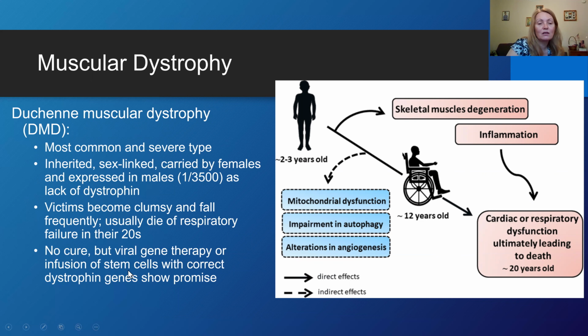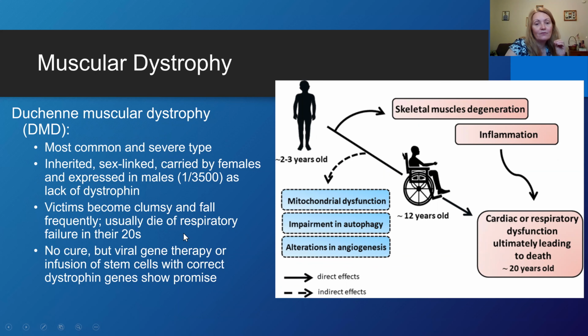We use viral gene therapy or infusion of stem cells with the correct dystrophin gene, and it shows promise. So what we're trying to do, because they have a defective gene that produces dystrophin, right? There is a mutation in this gene.